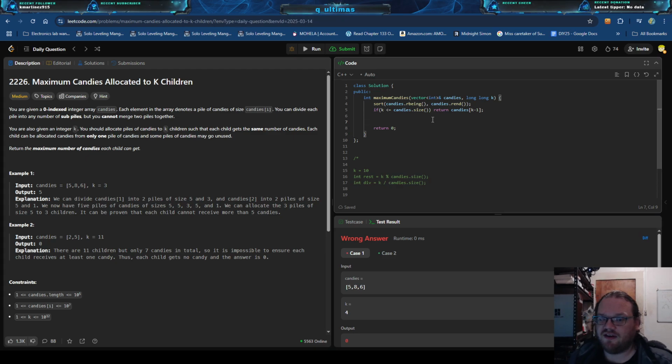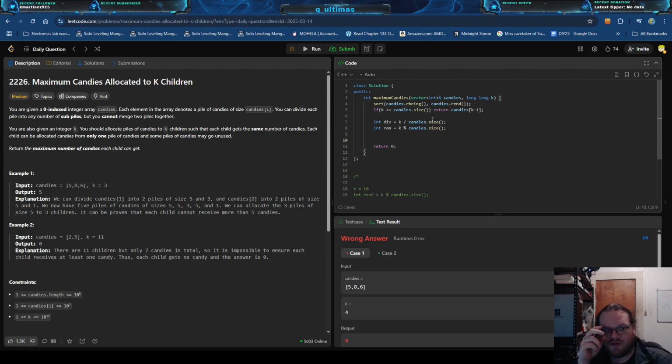So if I did something like int div, K divided by candies.size, int remainder, K mod candies.size, then we can do something like, okay, so it's already been sorted, and we have our divisor, so it's like the weight. And our remainder.